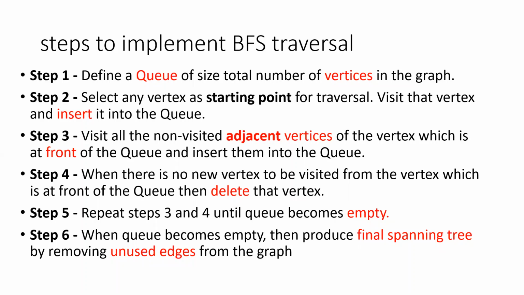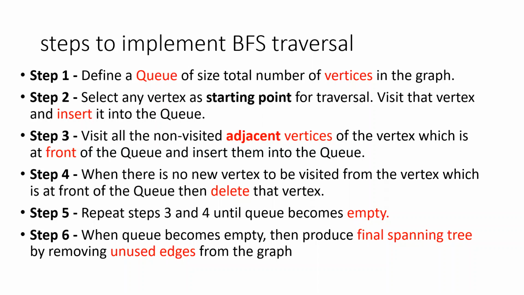Deletion will be taking place from the front end. Insertion will be taking place from the rear end. When the queue becomes empty, the traversal is over. So the final output: when we are doing DFS, we were getting a DFS tree or a spanning tree. Similarly, using BFS also, we will be getting a spanning tree, which is also named a BFS tree.